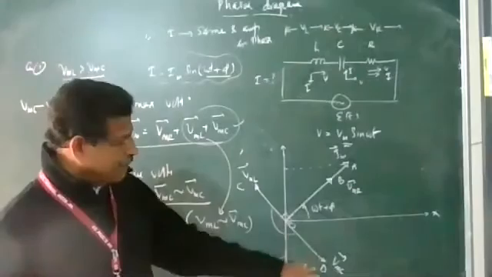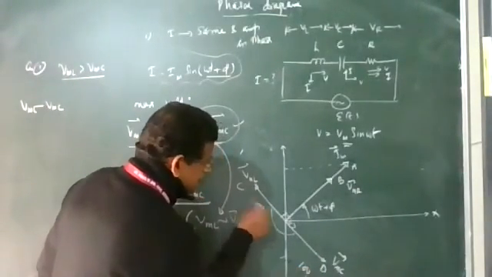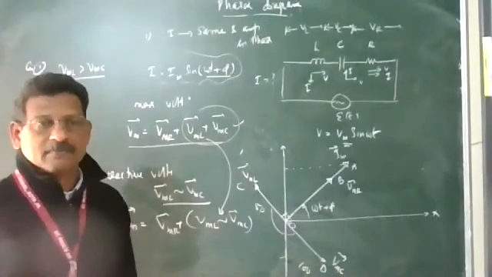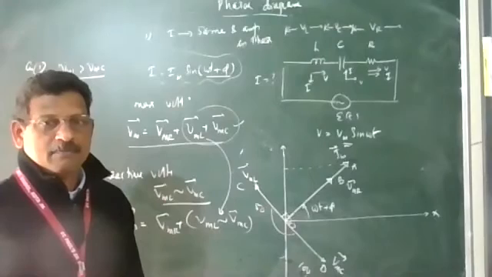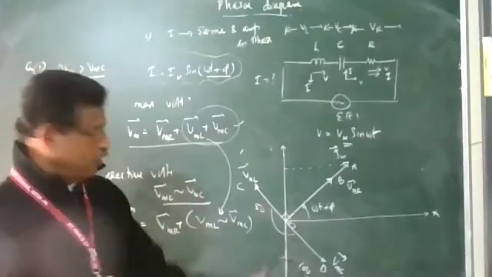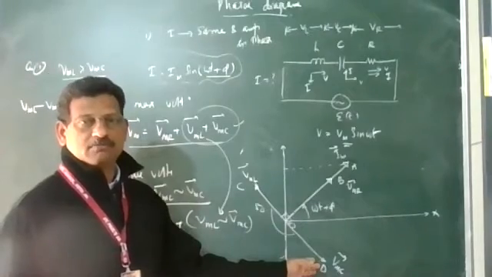Or if capacitor voltage is 100 and inductor voltage is 50, what will be the difference in value? It will be 100 minus 50, in the direction of capacitor voltage.